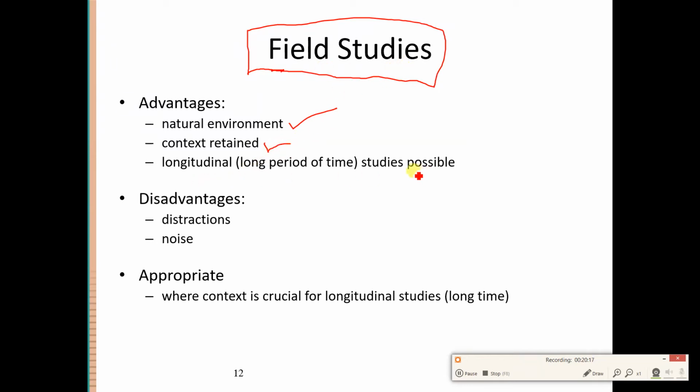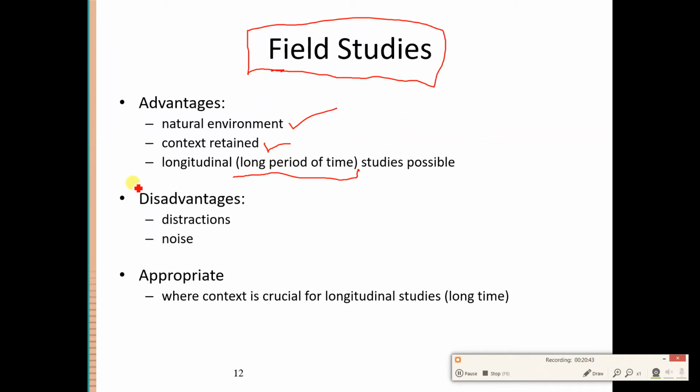Longitudinal studies are possible, so we can perform testing for a long period of time if the environment is actual. In the laboratory there might be some other design to be evaluated, or some other product to be developed, so we cannot perform testing for a very long time. But in the field we can perform longitudinal studies which take time, maybe 1 month or 2 months.